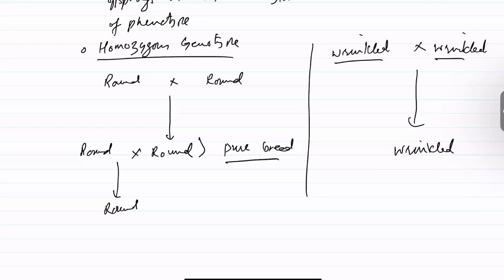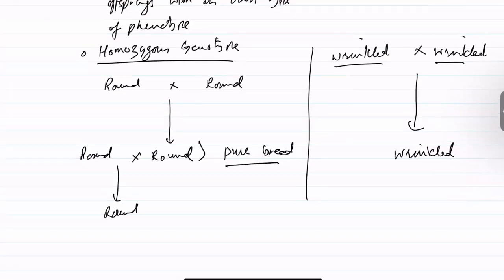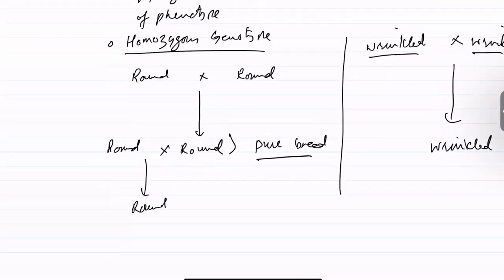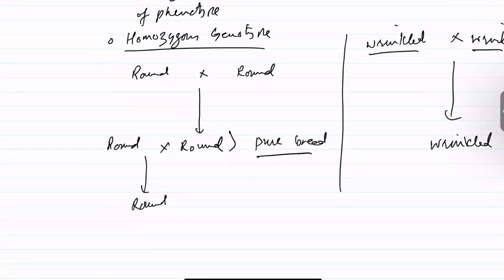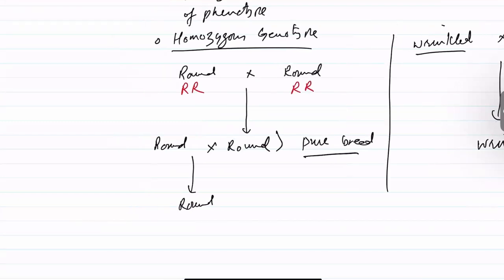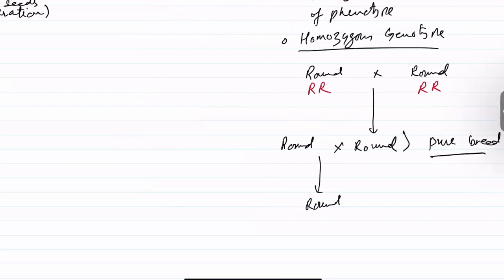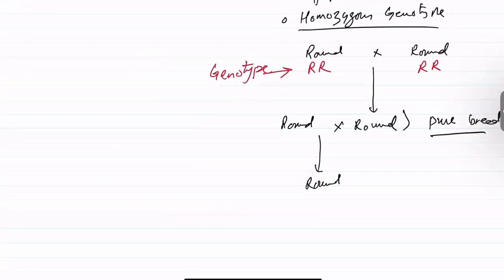Okay. So pure breed means homozygous genotype, means this can be represented with an R capital, and this can be represented with an R capital, R capital. These two letters represent genotype. And genotype is written with two letters.